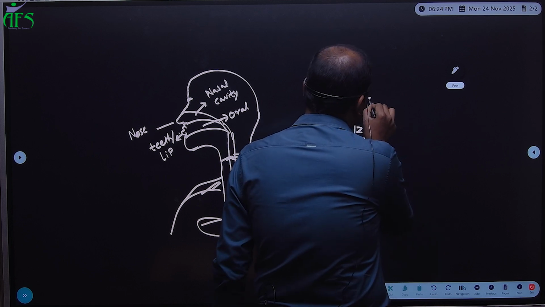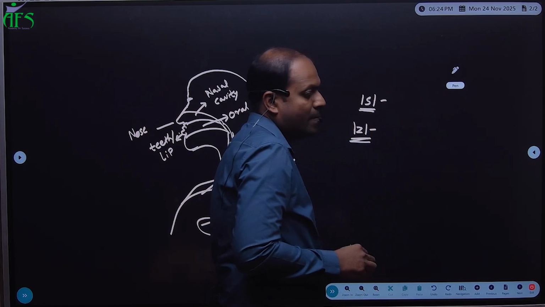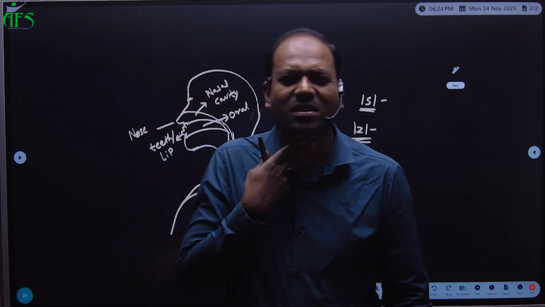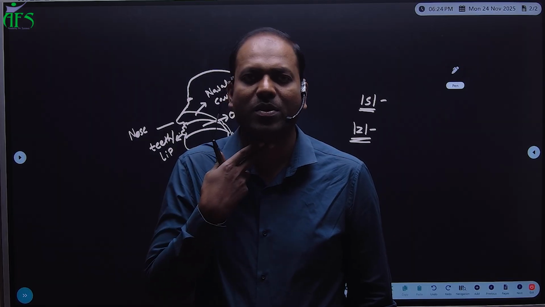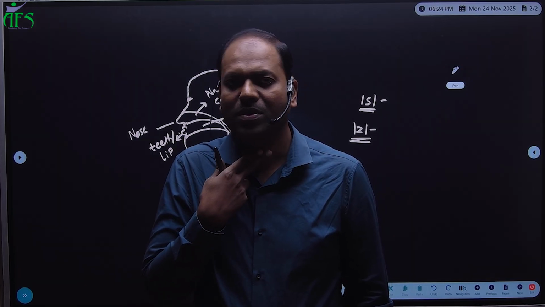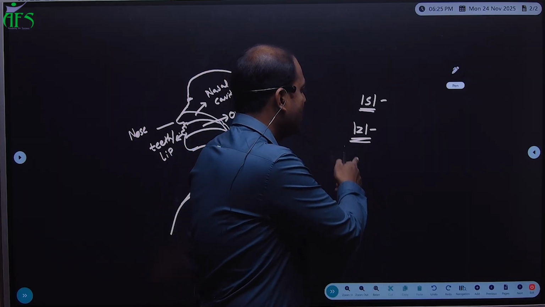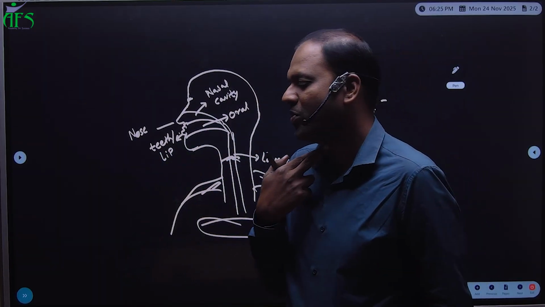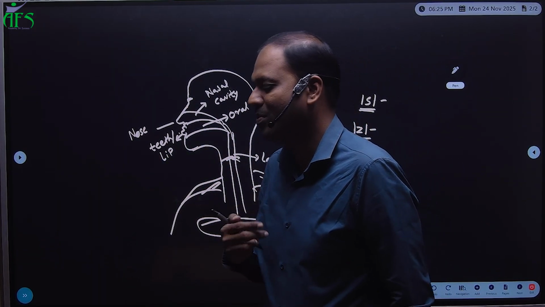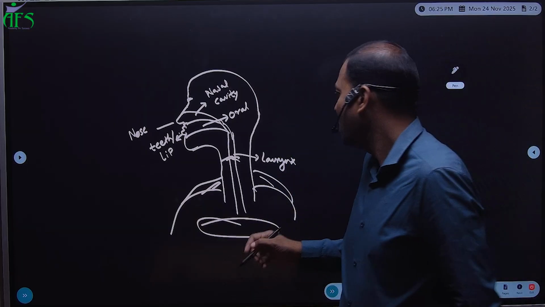And sound s, right? While saying s, there is no vibration which is felt by your finger, and when you say the sound the, you will feel the vibration at this point, at Adam's apple, right? So that's the difference.